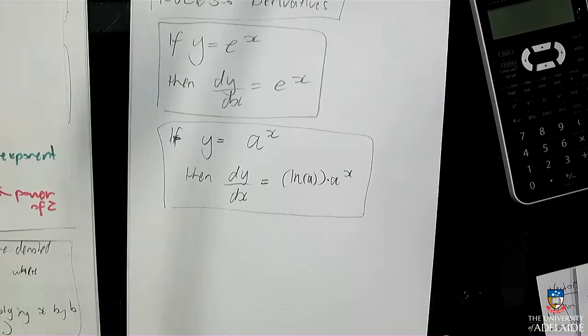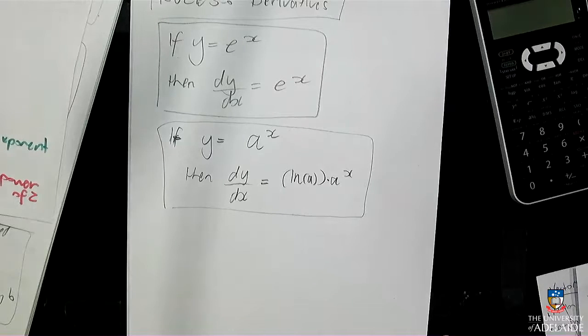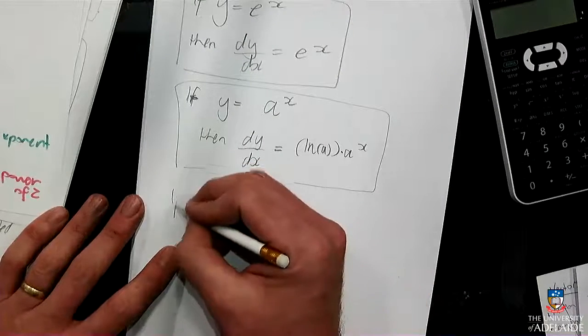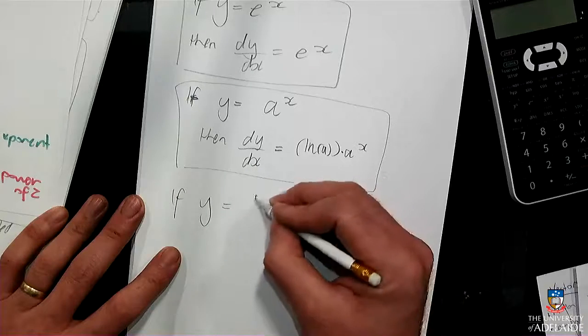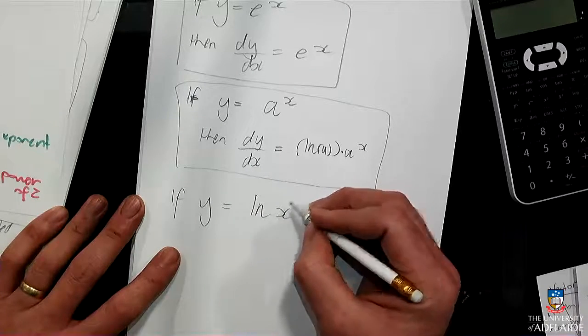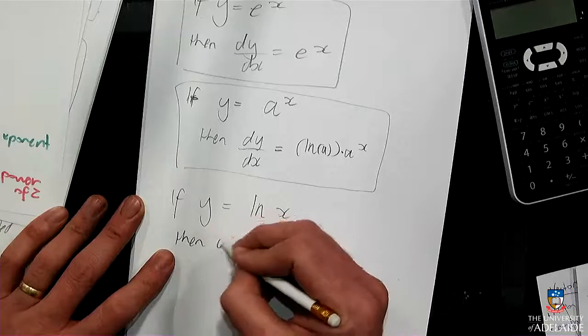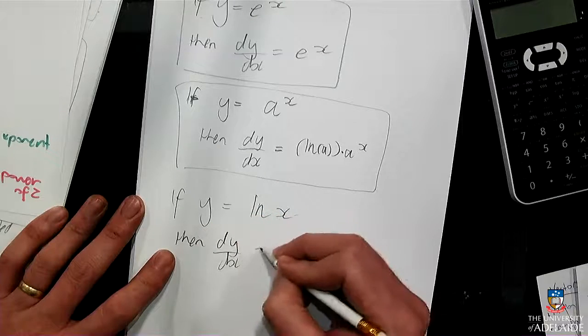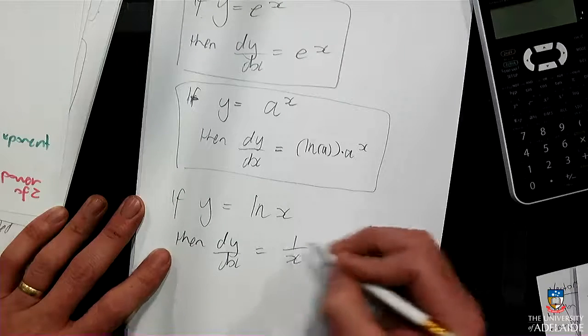If the derivative of an exponential function is a multiple of what the current value is, so number times current value, maybe the derivative of a logarithm, being the opposite, should be number divided by current value, which it is. So if y equals ln x, then dy on dx is 1 over x.